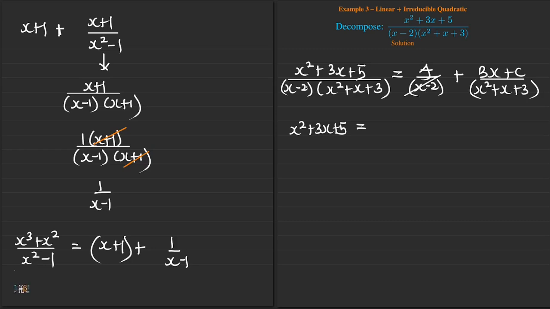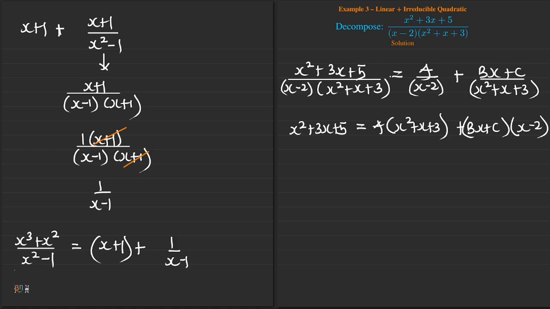Its denominator will cancel out when we do the multiplication. So we have a into bracket x squared plus x plus 3. Then plus the bx plus c times the x minus 2, because it will also cancel out the quadratic.